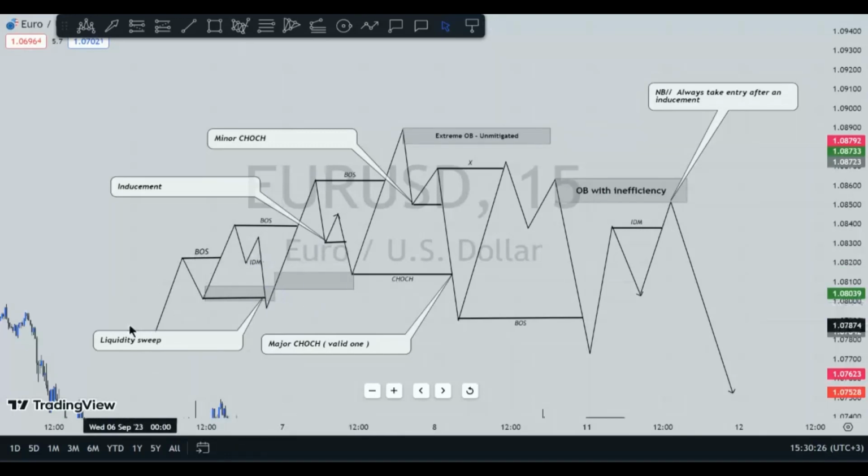So let's start from this end. As you can see, the market is on an uptrend. By seeing these breaks of structure to the upside, it means the market is on an uptrend.